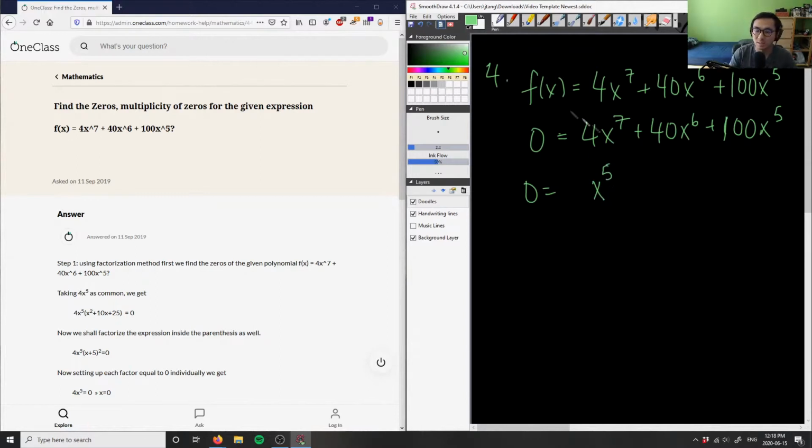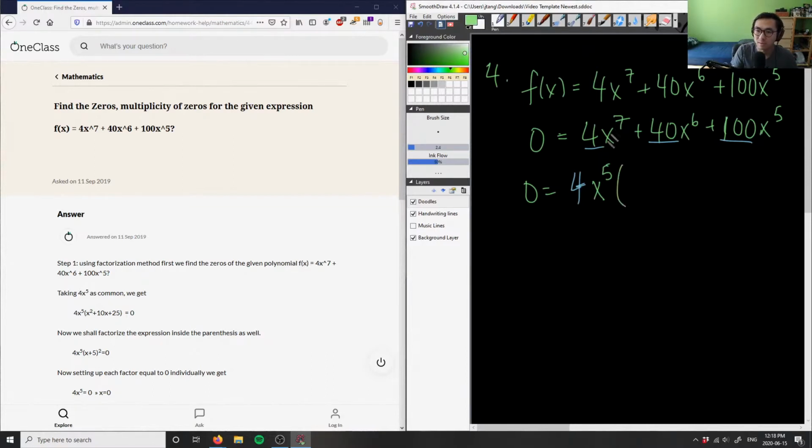Looking only at the constants, I have 4, 40, and 100, which means the greatest common factor of all 3 terms is going to be 4, because 4 divides into all of them. So I have 4x to the power of 5, and I can common factor that entire term.